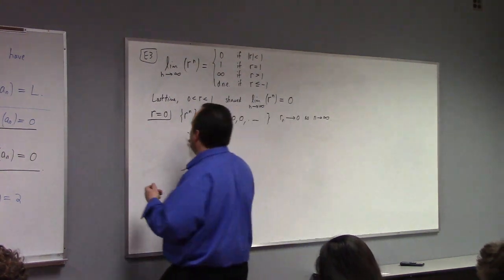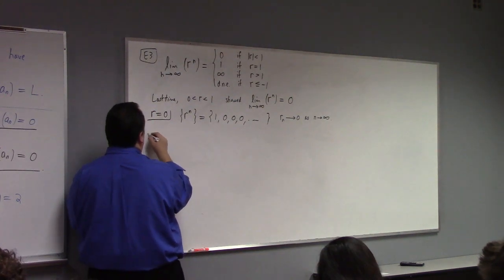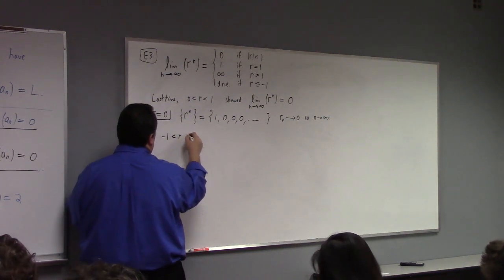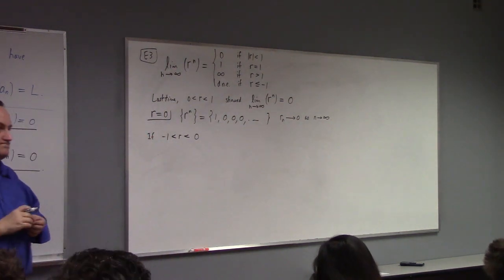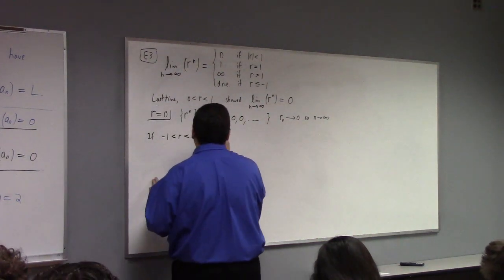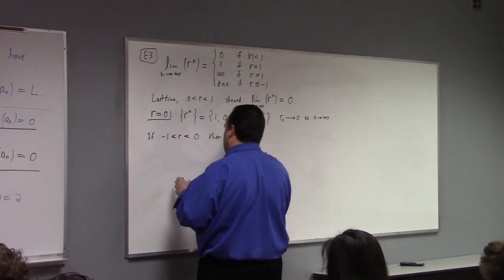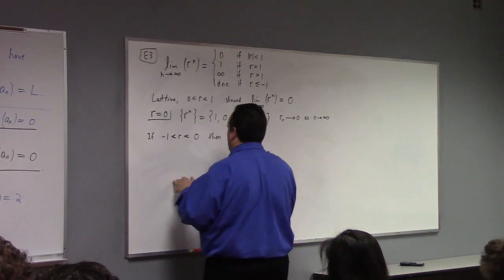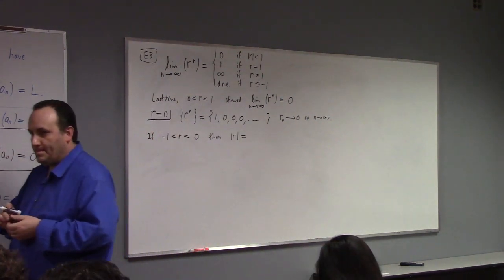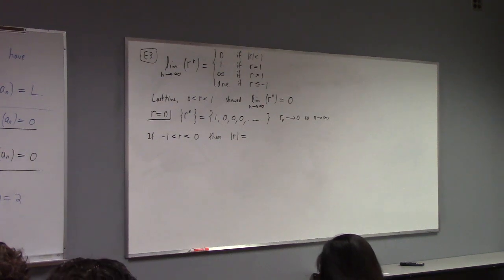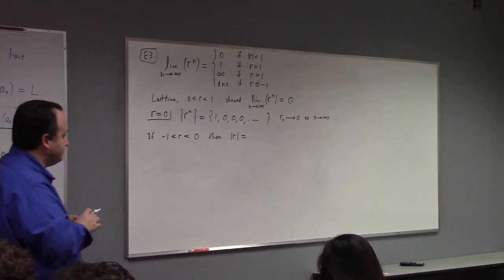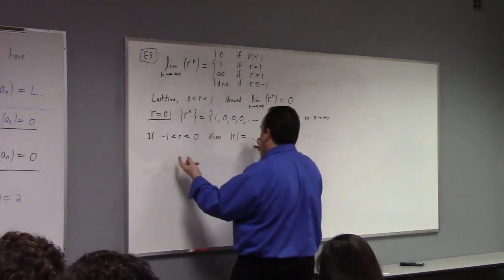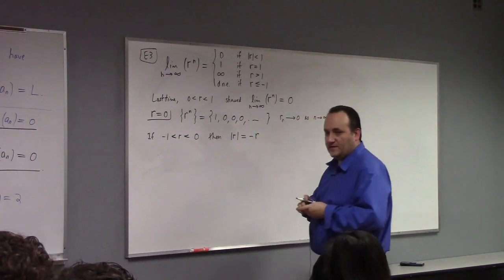On the other hand, if we have -1 less than r less than 0, then what do you have? Notice that the absolute value of r is equal to what? If r is negative, what's the absolute value of r equal to? In the case of negative, the absolute value is minus the input, right? It's minus r.